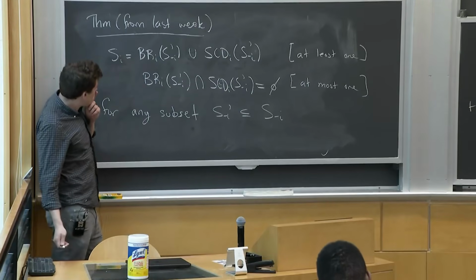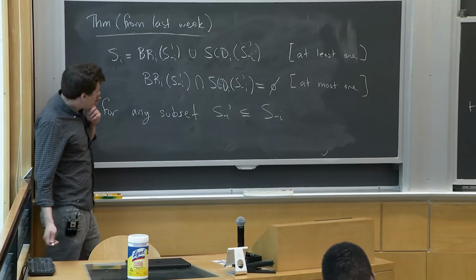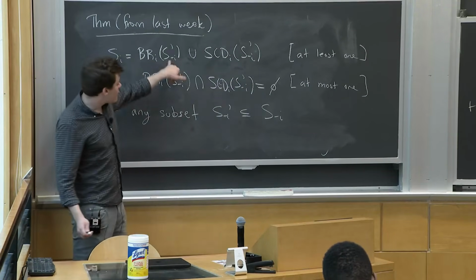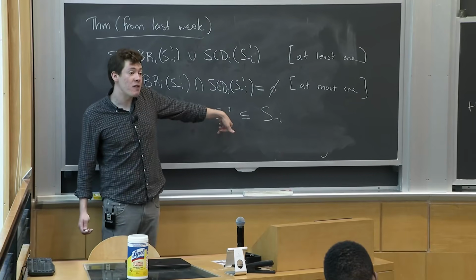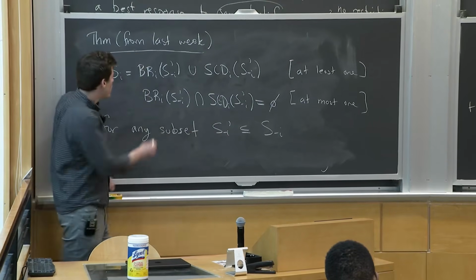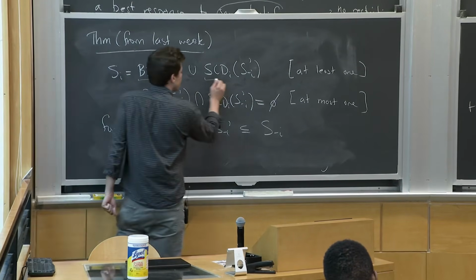Let's work through this. We started with S negative I. Now we're using a smaller set of strategies. So let's try to understand what happens to these two sets.